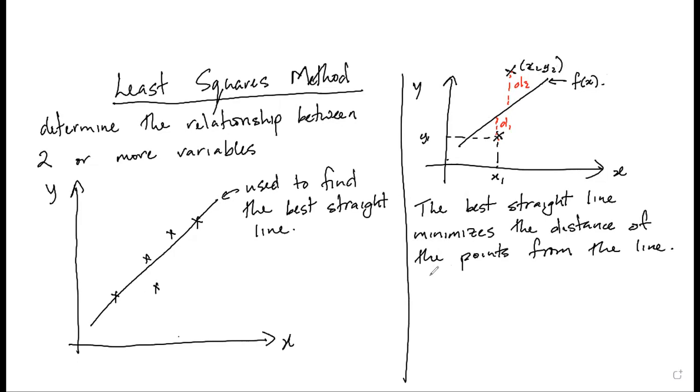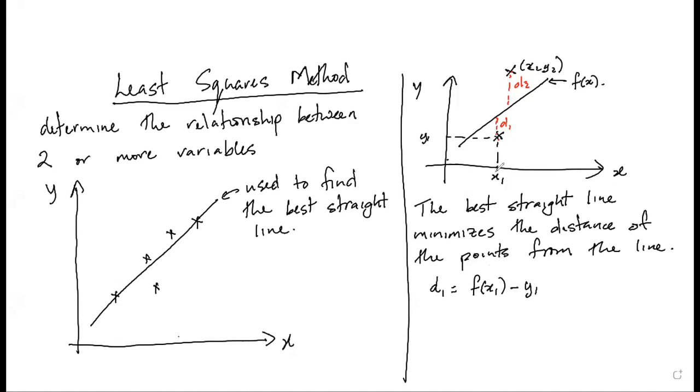So d1 is equal to, if I take the point y1, my line is f(x1), whatever the function is, minus y1.